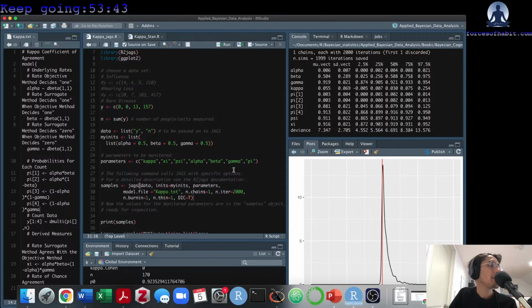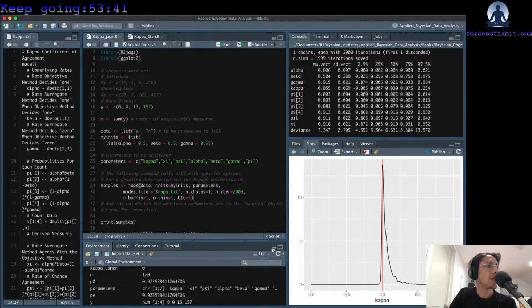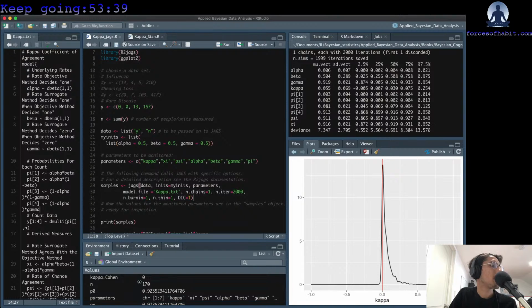So the Kappa coefficient for the point estimate was 0, yet this gives us a sense of the degree of uncertainty we have surrounding this coefficient estimate. So we can see it might be 0, it might be negative, and then there's even a chance that it's a little larger.